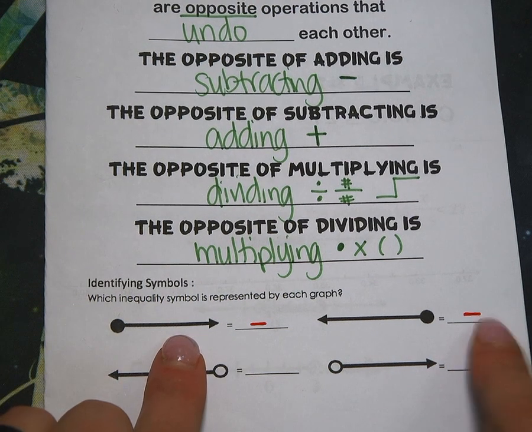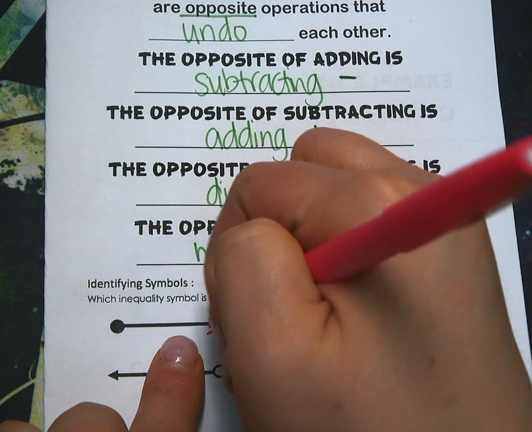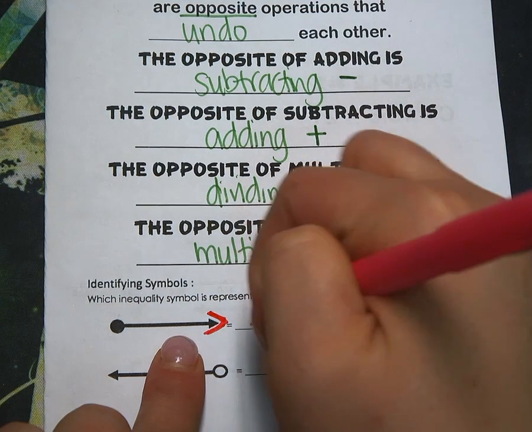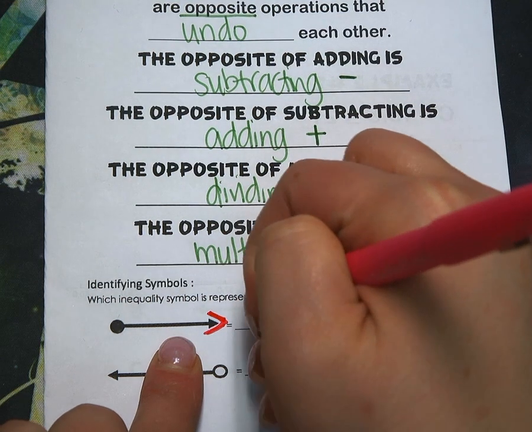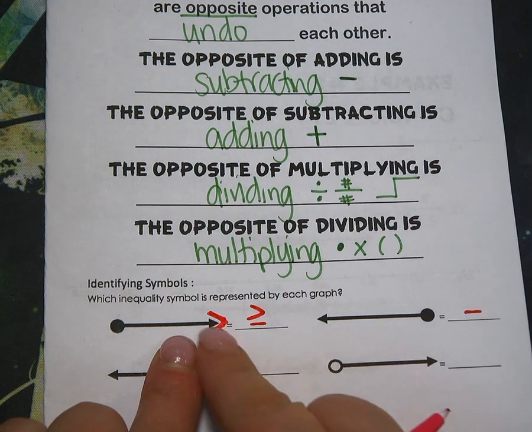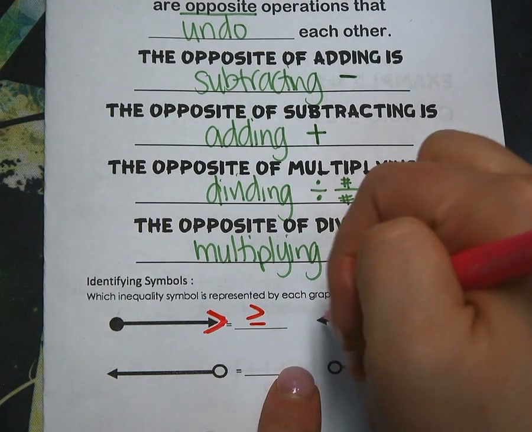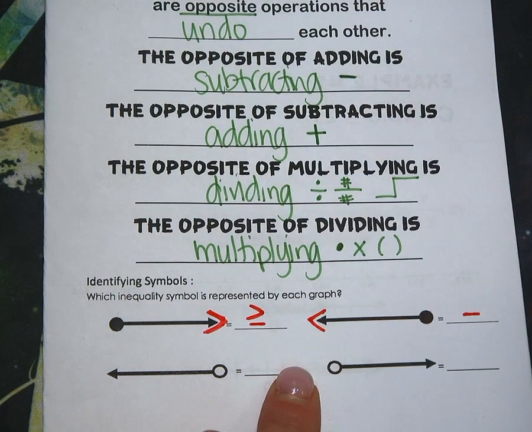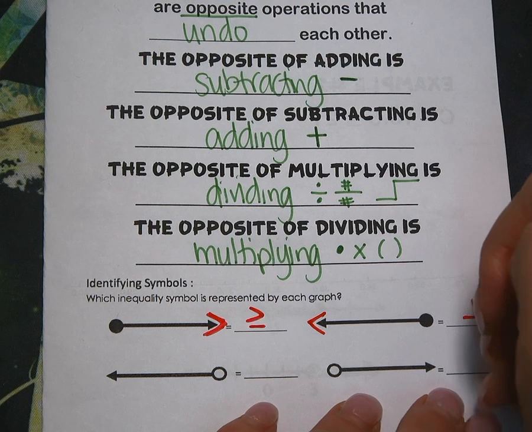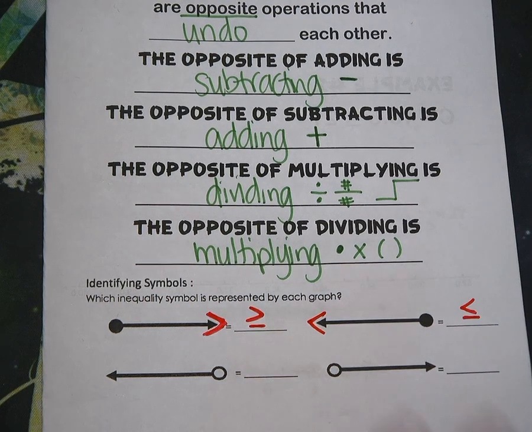And then we're going to follow the arrow. So this arrow looks like this, so my symbol will match it. And that's what that graph looks like. So this one, same thing. My arrow looks like this, so my symbol will match it.